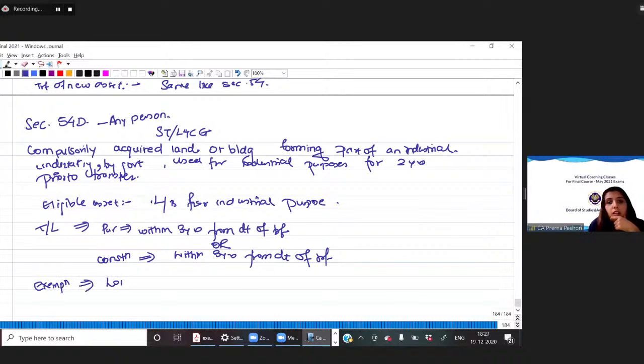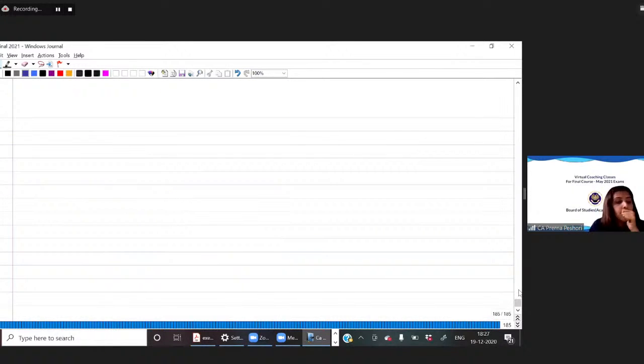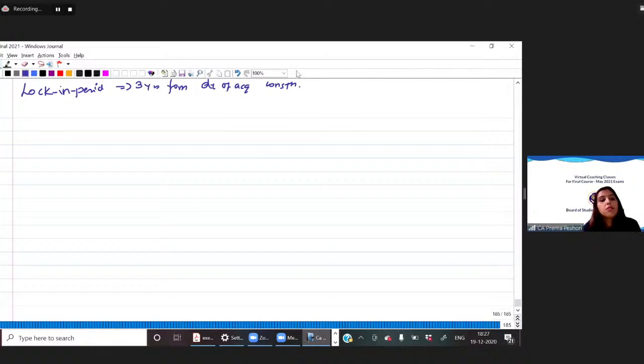Again, lower of capital gain or amount invested. What is the lock-in period? Three years from the date of acquisition or construction. Clear? If you violate that, if you sell the new asset, again same consequences as section 54.